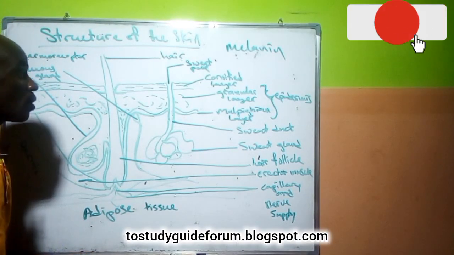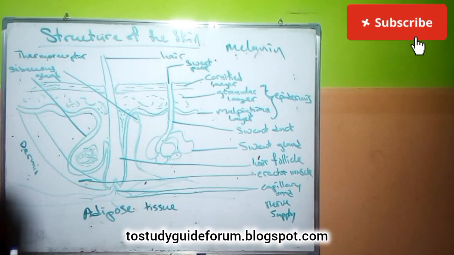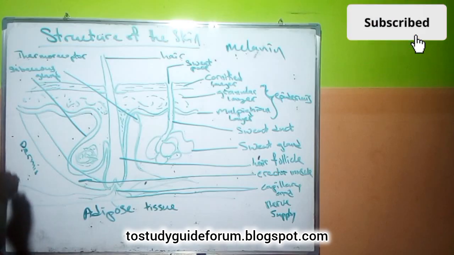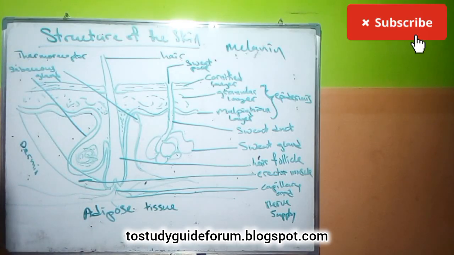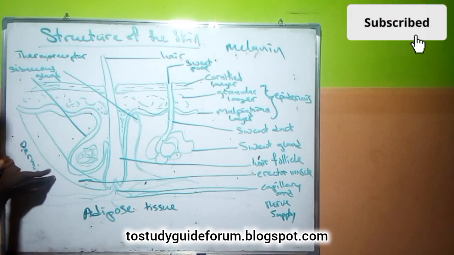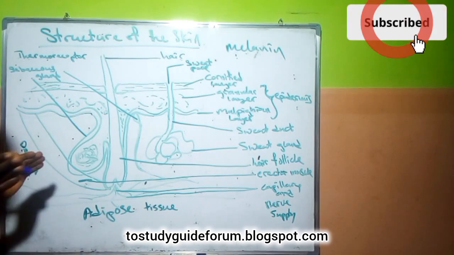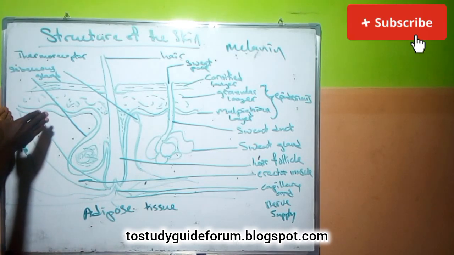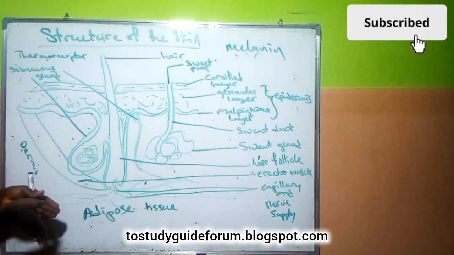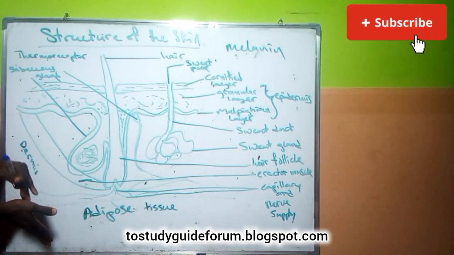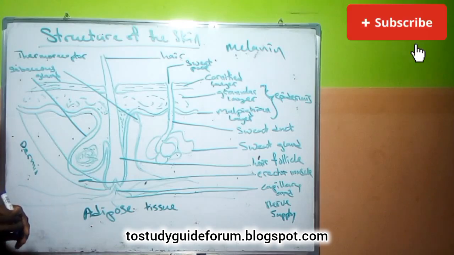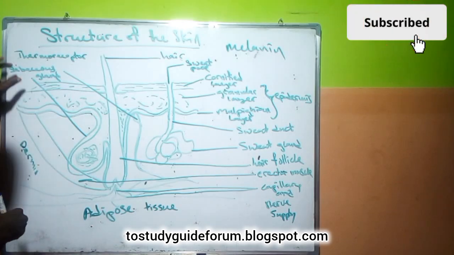This Malpighian layer also has a lot of infoldings. These infoldings penetrate deep into the dermis. As they penetrate deep into the dermis, they form what we call the sebaceous glands.